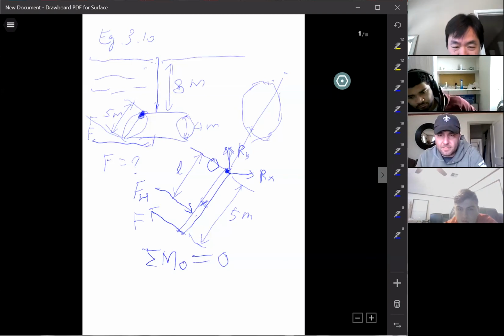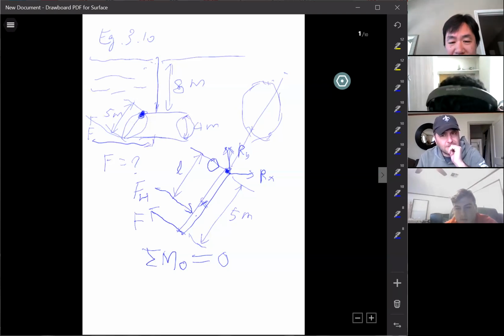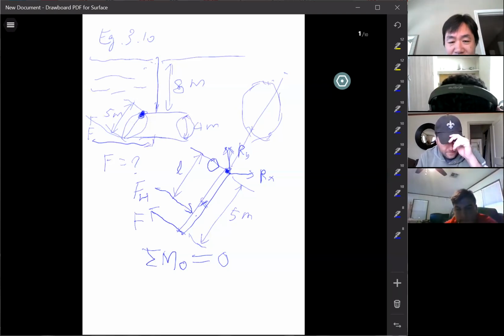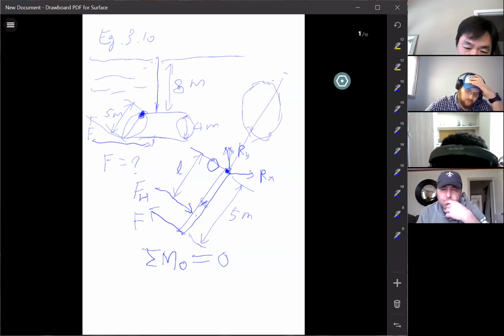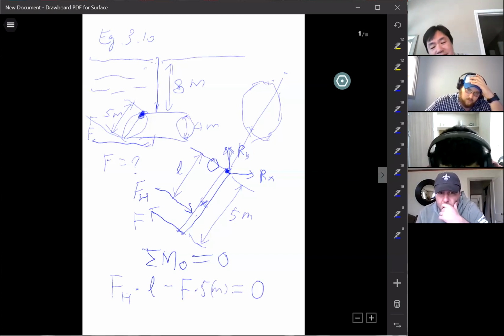So between these two forces, FH and F, which one will create the counterclockwise rotation? FH. So let's put FH first because it's positive. FH times L. Minus F times the arm length, which is 5 meters, is 0. Okay, that's it.